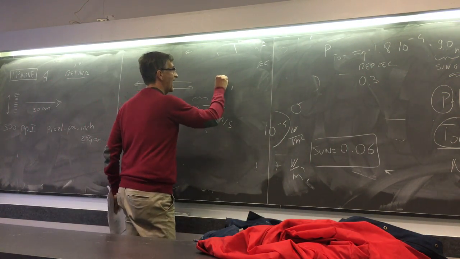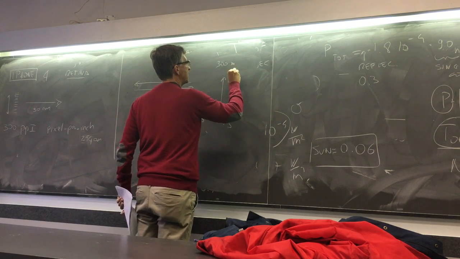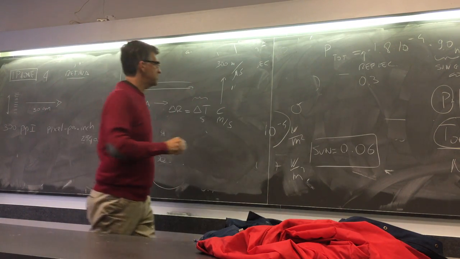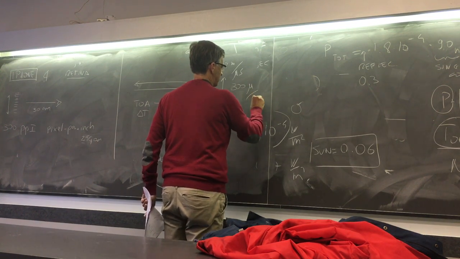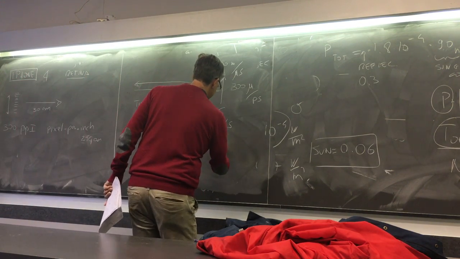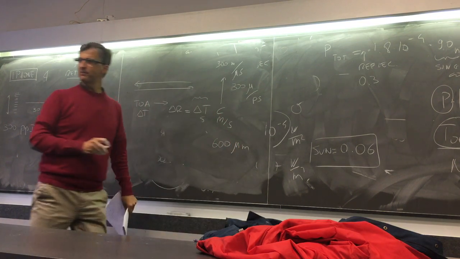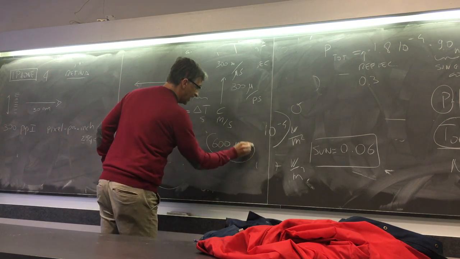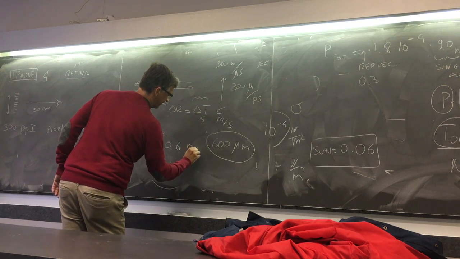Well, remember that light travels 300 meters in a microsecond. Okay, this means that it travels 300 micrometers in a picosecond. Okay, and in a couple of picoseconds, the light travels 600 micrometers. So with a couple of picoseconds, the accuracy in measuring distance is 0.6 millimeter.